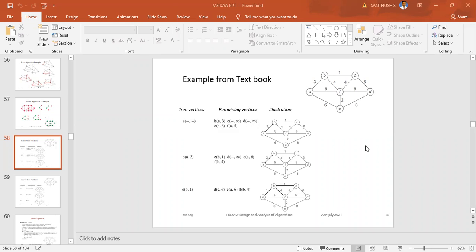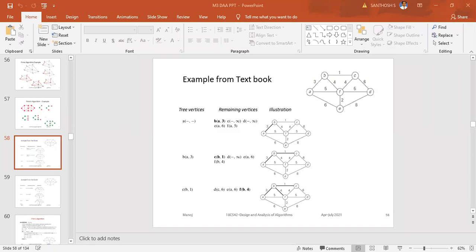Understanding? Initially F was reachable from A with a value 5. But now F is also reachable from B with a cost 4. So 5 is there, 4 is there. Which one are you going to take?